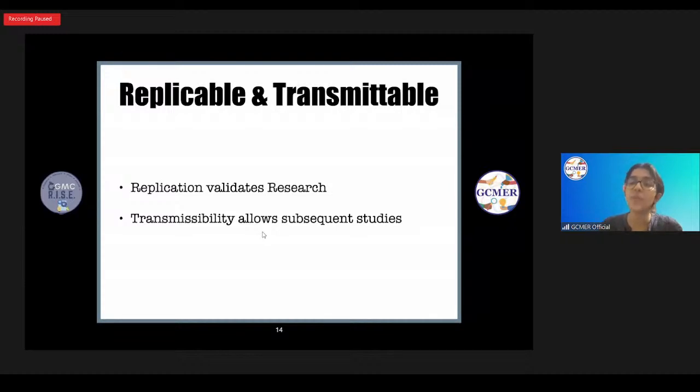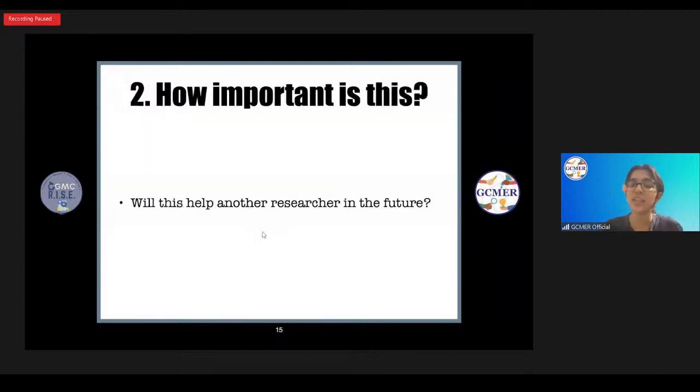And if you don't publish your research, someone down the line, 5-10 years from now, might not be able to do what they need to do. And we might just go 10 years behind, and they might just try to repeat what you did and come to the same conclusions, which is exactly why transmissibility or publications are very important, right?